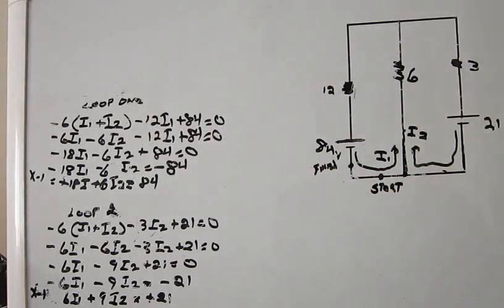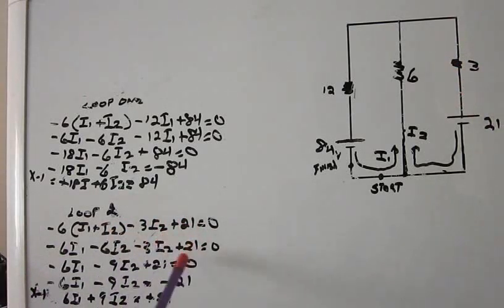Loop 2 is done the same way. Again, Kirchhoff's voltage law, the voltage drops plus the source must equal 0. So we write that equation quite simply like before, but this time we have to include the minus 3 I2, the 3 ohm resistor here, is equal to 0.